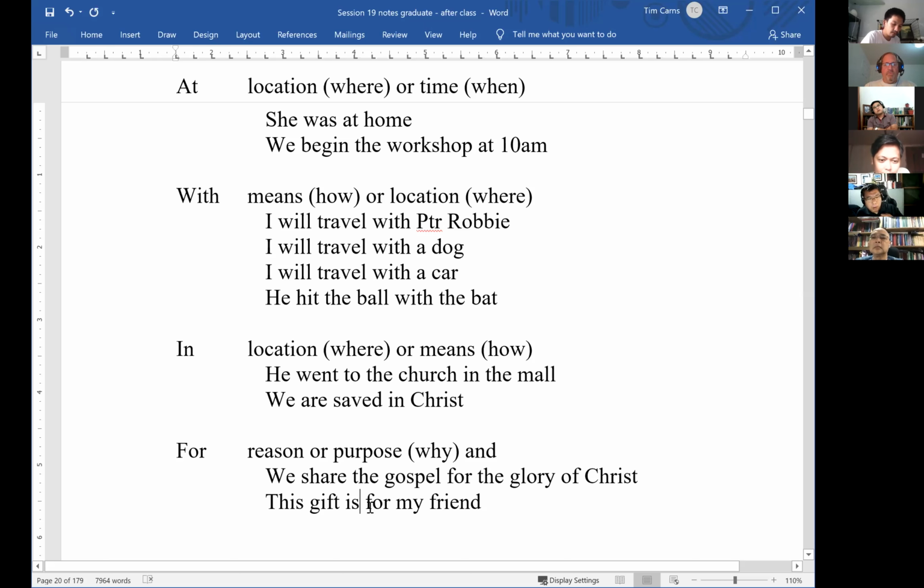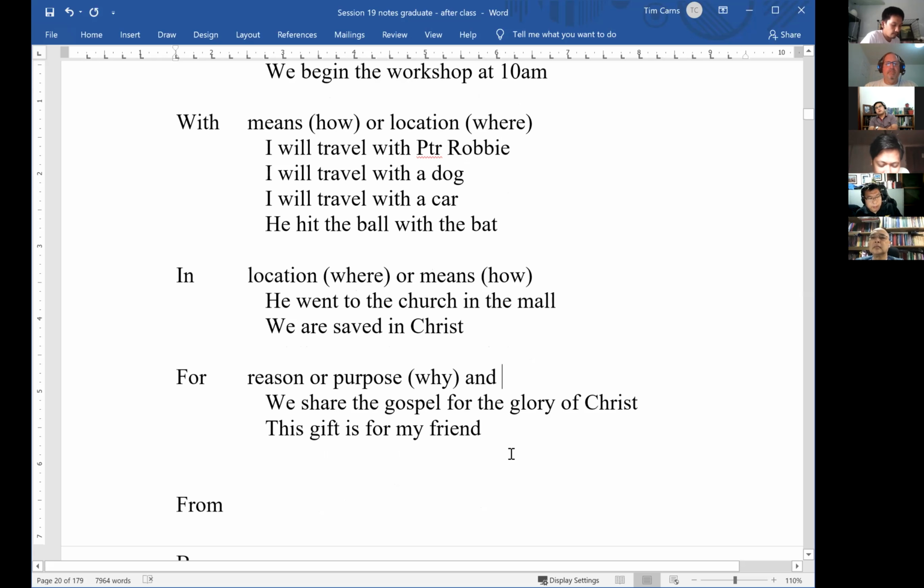Okay, so how would it be working there? Is that a purpose again, you think? Or is it something else? Purpose, reason, object. Yeah, here that's a little tricky. Let me give you another sentence.